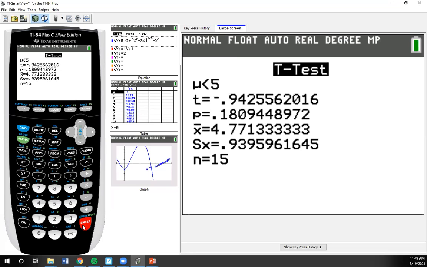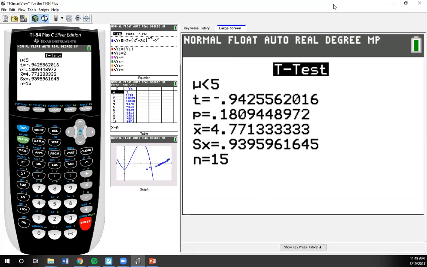Mr. Hoffman, I have a quick question. Sure. So, do we list the degrees of freedom just to have it listed that we know what it is, or is that significant in our use for our calculator? Like, do we have to put 14 in anywhere, or do we just want to list it in that step just to say that we know what it is? You are listing it in the step just to say that you know what it is.